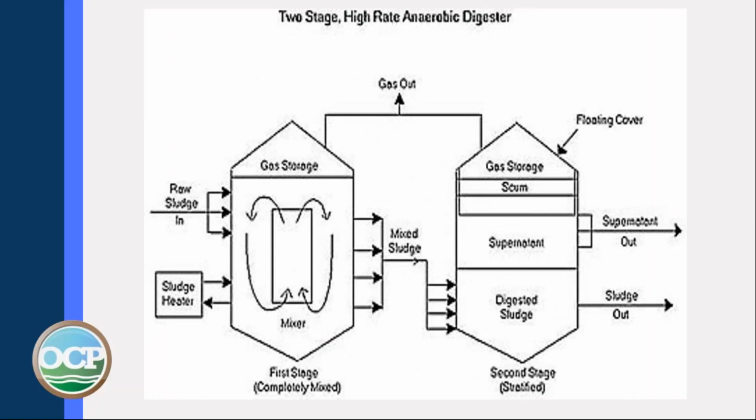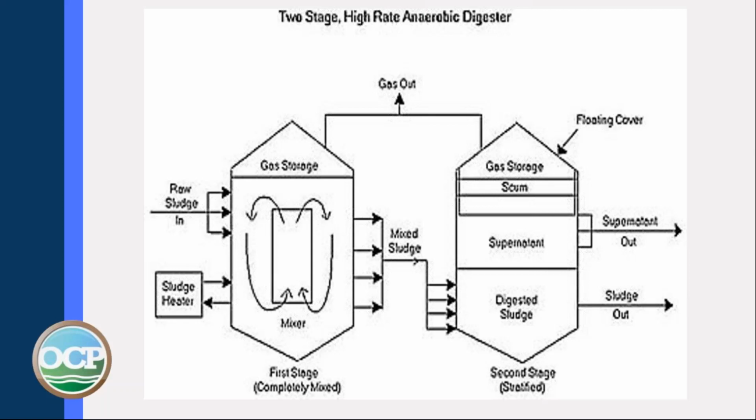On the two-stage high rate, the first stage is a completely mixed reactor. You see there's a sludge heater. Your raw sludge goes in. There's a mixer that keeps it mixed in the digester. So you will have gas storage at the top of that reactor. And the sludge is then moved over into the second stage, which is stratified.